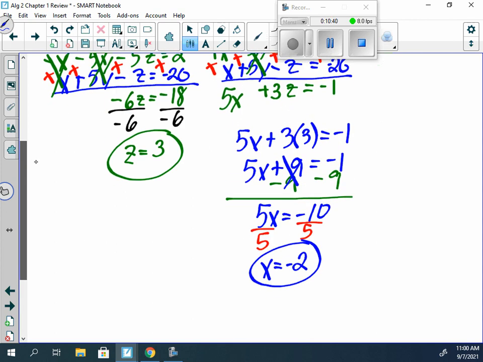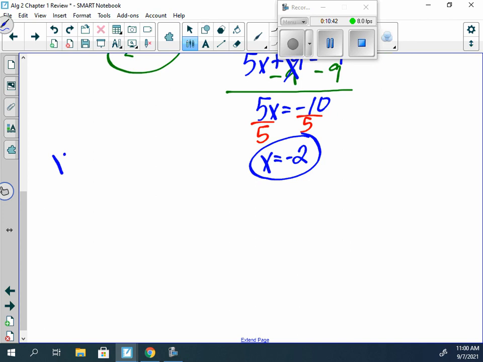Now we can pick any equation to use. x plus 5y minus z equals -20, I believe, is one of them. I just grabbed it. It doesn't matter which one we use. We can use any of them. I just picked one. And we plug in our values.